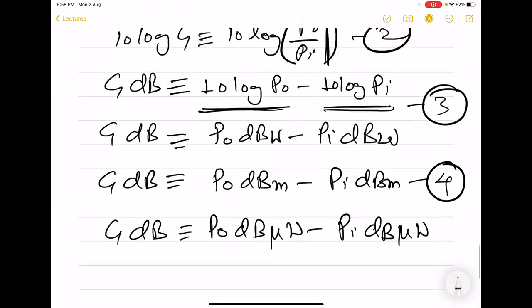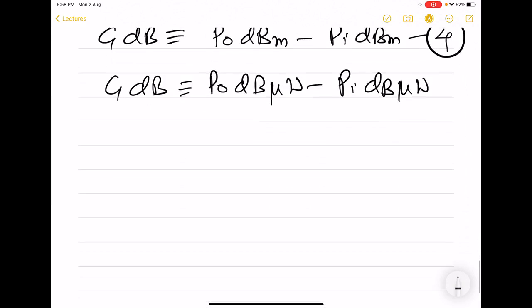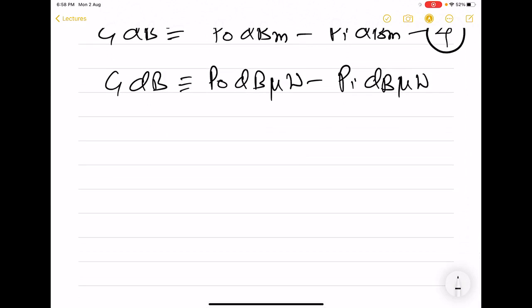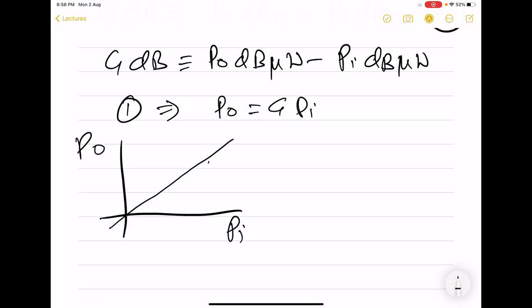So what will be the plot of equation 1 and say equation 4 or 3? 4 and 3 are going to be similar. So from equation 1, what we find is that output power is going to be G into Pi. So here what we have is Pi on x-axis, PO on y-axis in same unit, and we have equation of a straight line passing through origin with a slope equal to G.